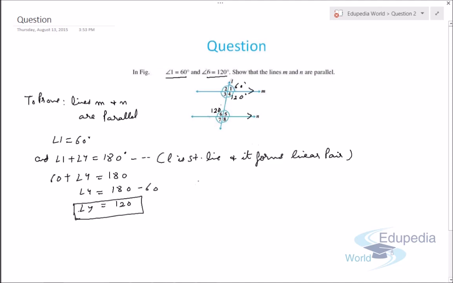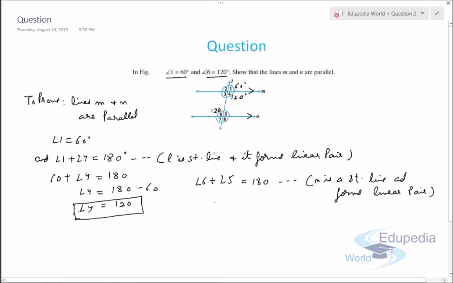Similarly, angle 6 plus angle 5 is also 180. Why? Because n is a straight line and forms a linear pair. So we have angle 6 as 120 plus angle 5 equals 180. So angle 5 equals 180 minus 120, so angle 5 equals 60 degrees.